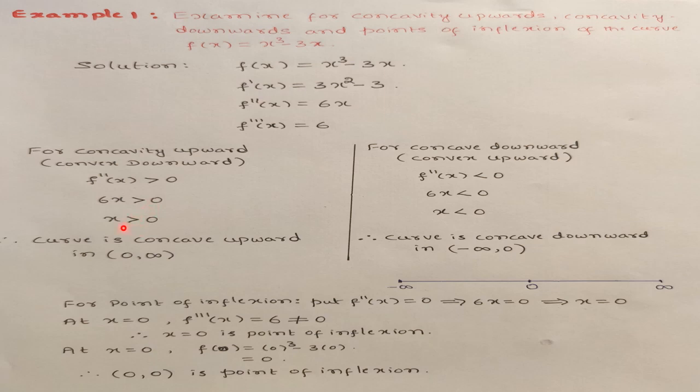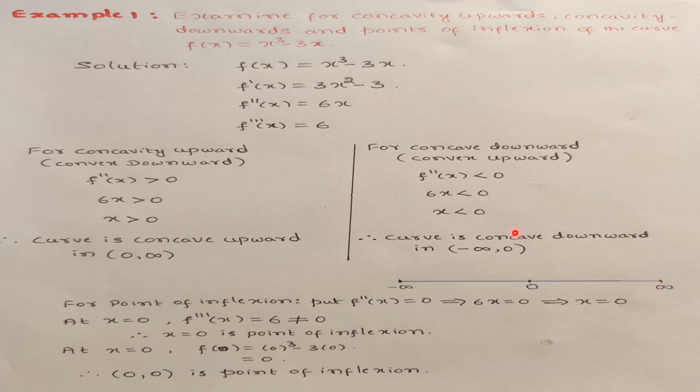Therefore, for all x greater than 0, the curve is concave upwards in the interval 0 to infinity. Here this is the number line for f double dash, not f and f dash, f double dash. In the interval 0 to infinity, the curve is concave upwards.